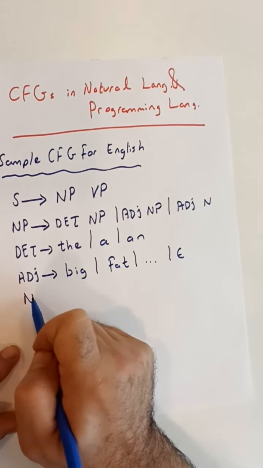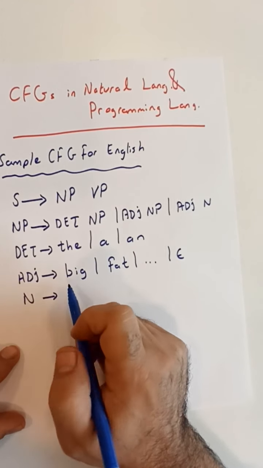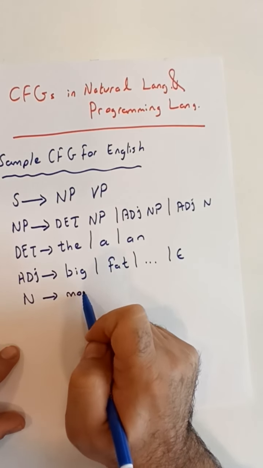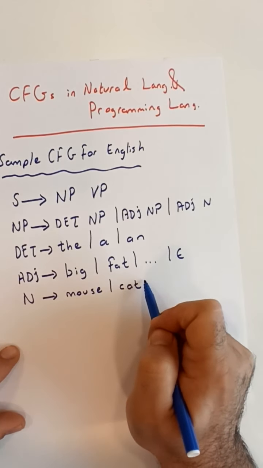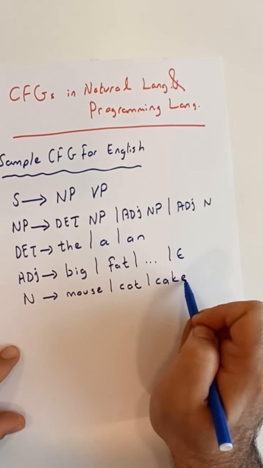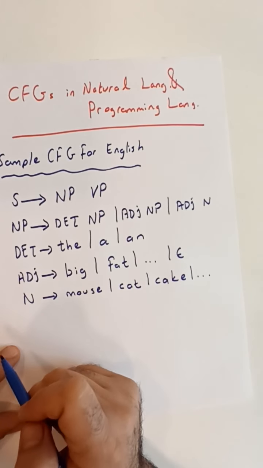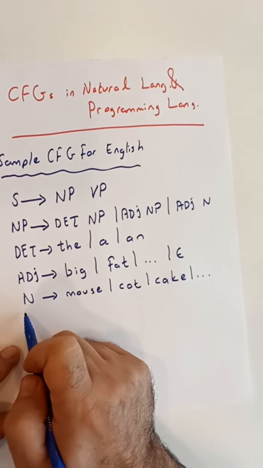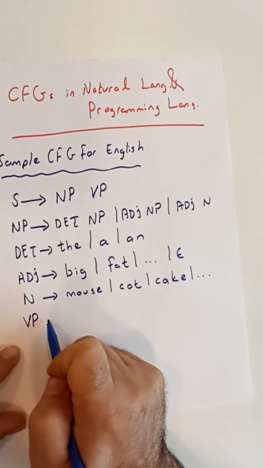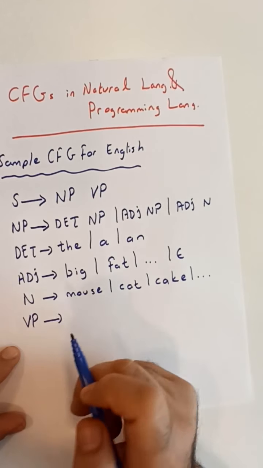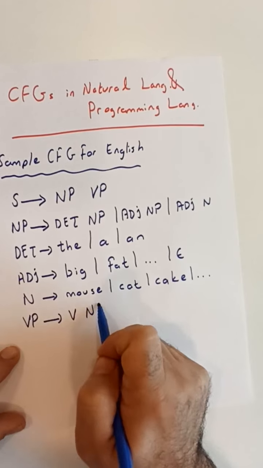And a noun, again, to make a simple grammar, let's just add some simple nouns. Mouse, for instance, cat, for instance, cake, for instance, and so on. And a verb phrase in here can be basically a verb followed by a noun phrase.